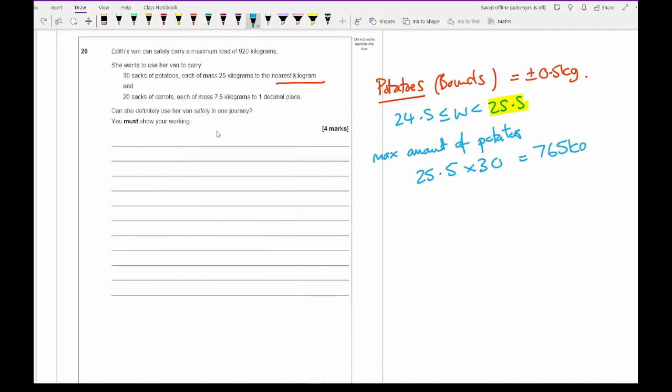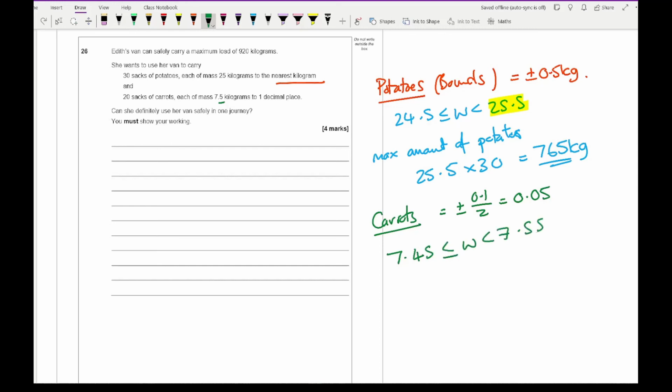765 kilograms. Then if I look at the carrots, maybe I should have done the carrots in orange, but here we've got to the nearest 1 decimal place. So here we're looking at 0.1, so we've got plus or minus 0.1 over 2, which is 0.05. So my upper and lower bounds are going to be 7.45 to 7.55.